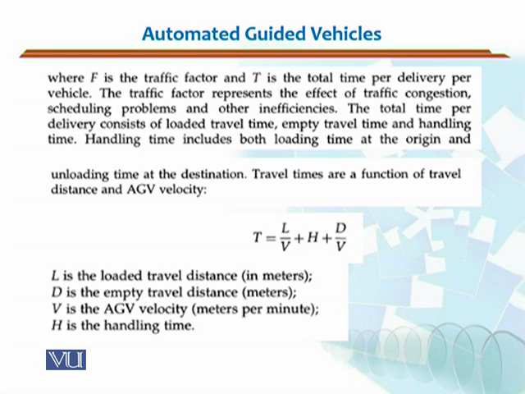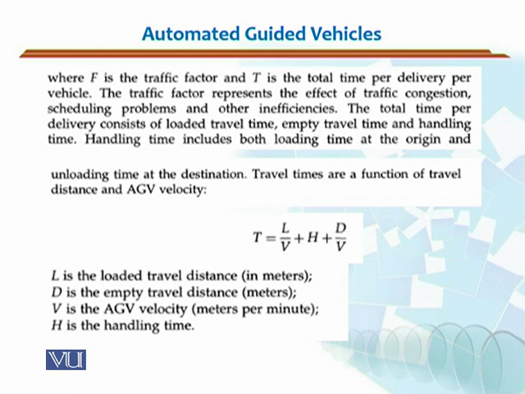So the total time per delivery consists of the loaded travel time, empty travel time, and the handling time. These are the three times which are important for a material handling process. Handling time includes both the loading time at the origin and the unloading time at the destination.